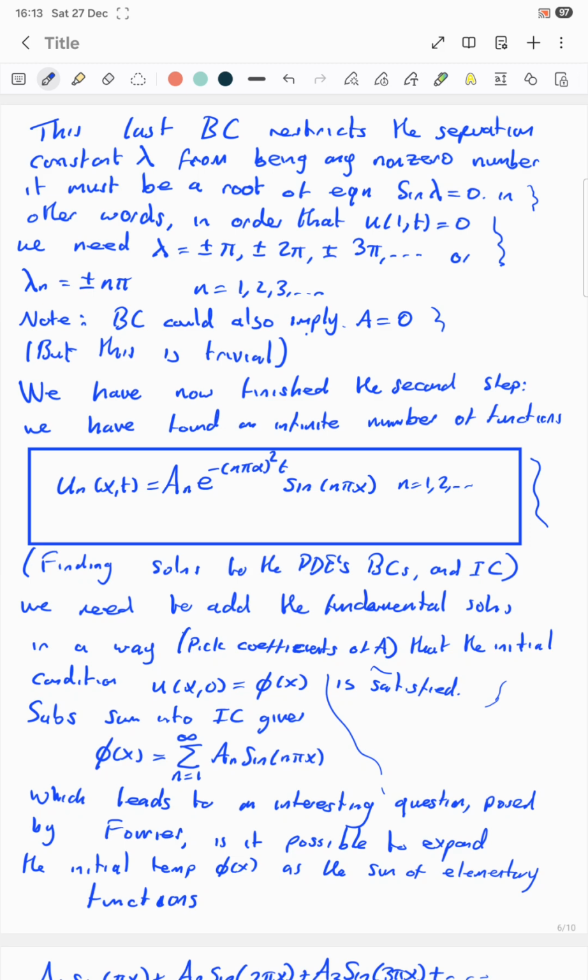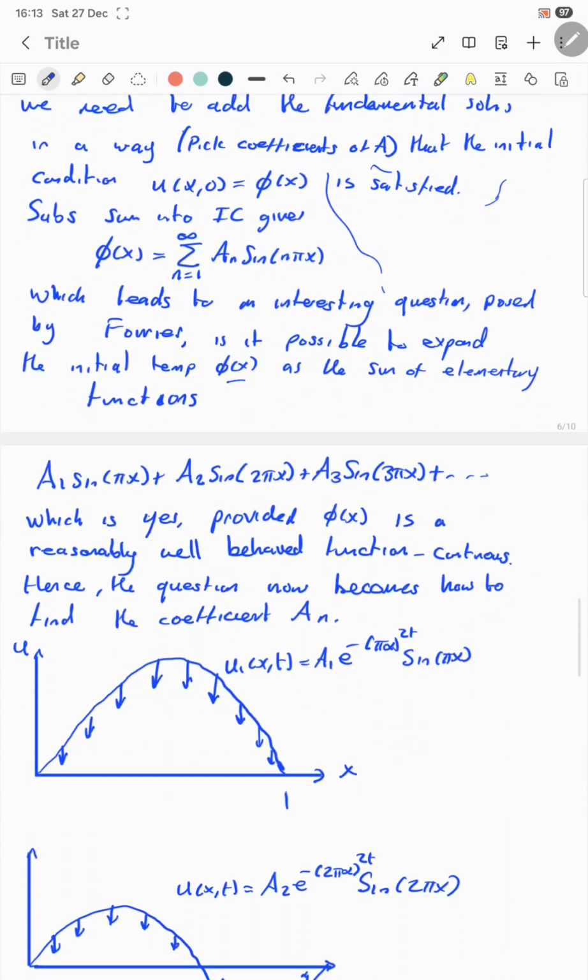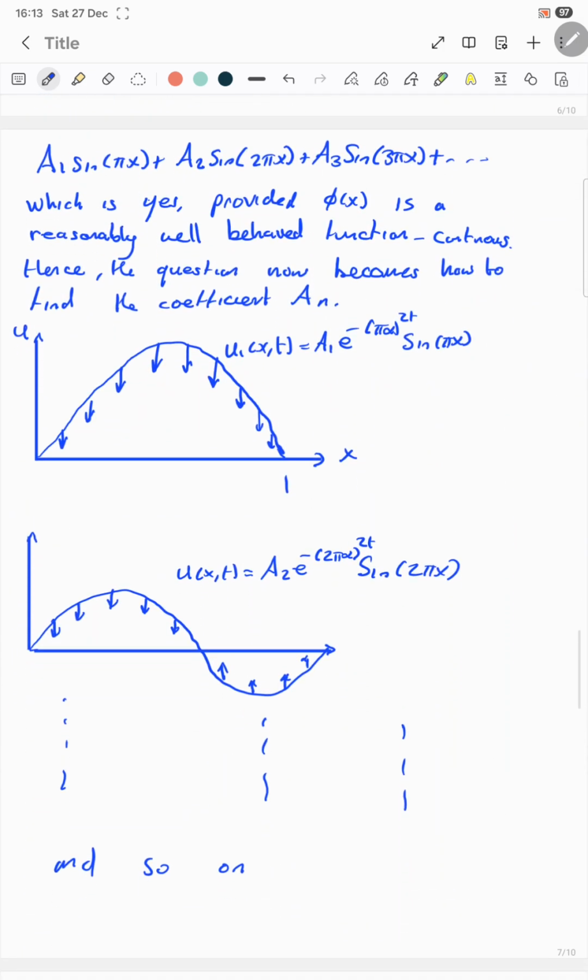Is it possible to expand the initial temperature phi of x as the sum of elementary functions, given here? Which is yes, provided that phi of x is a reasonably well-behaved function, is continuous.